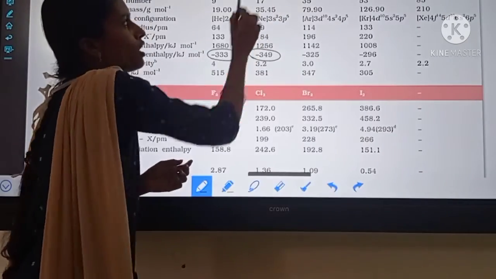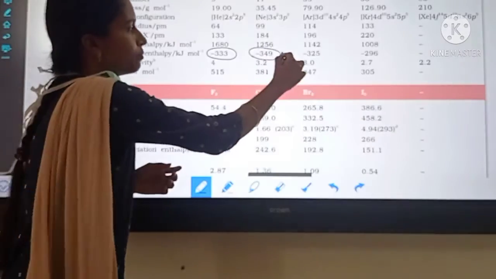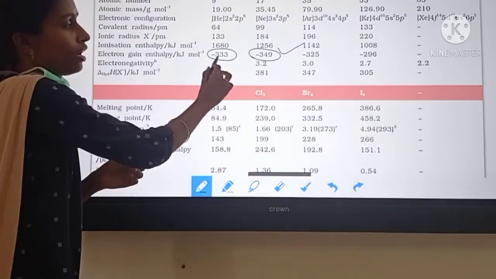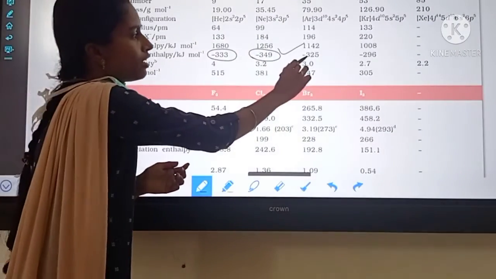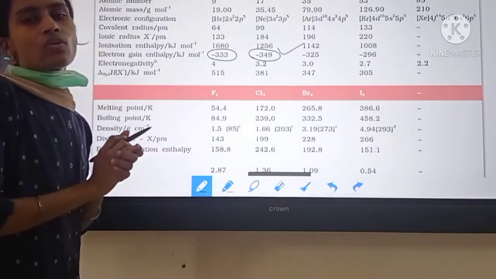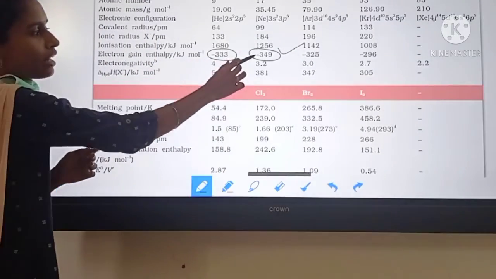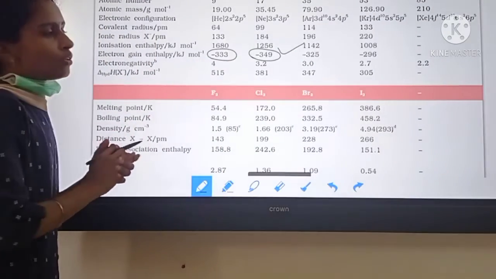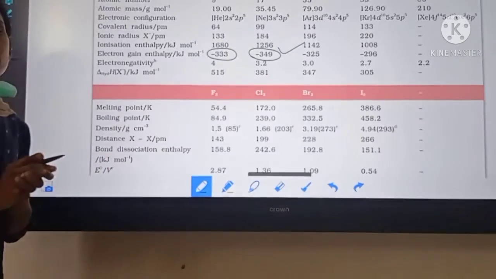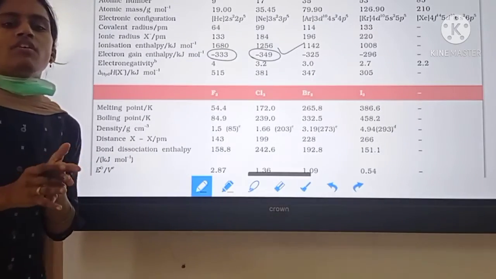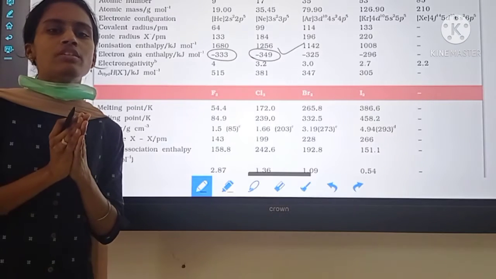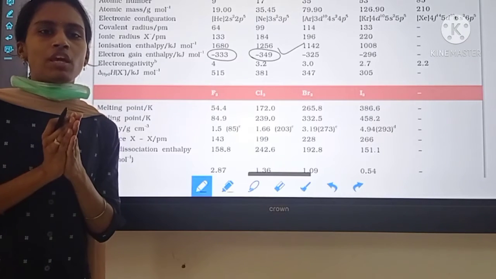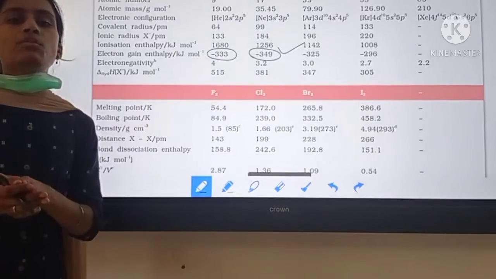Only here is it different, and then it decreases. So the electron gain enthalpy of chlorine is greater than fluorine. This is due to the small size of fluorine. We have seen in every group that the first element has a small size, and because of that small size it shows some anomalous behavior. This is also anomalous behavior of fluorine.